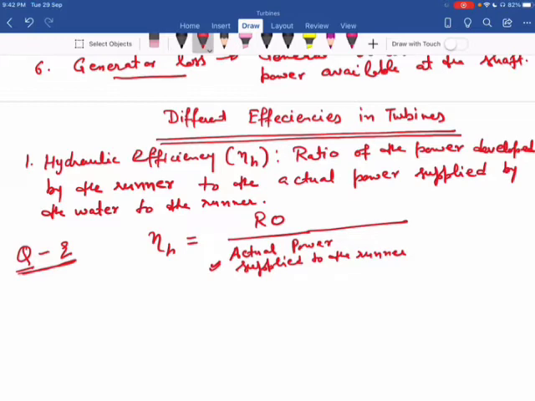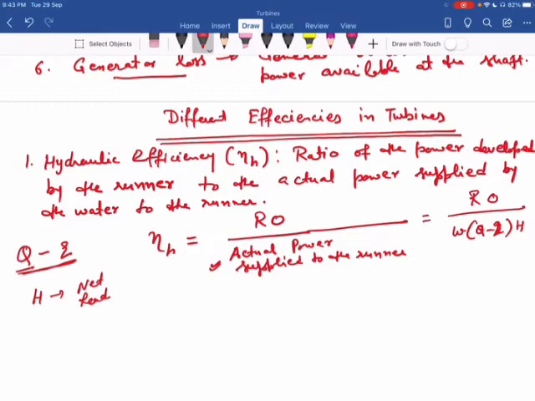Say H is the net head. So the actual power supplied is W times (Q minus q) times H, where small q is the leakage loss. So runner output divided by this term gives us the hydraulic efficiency.